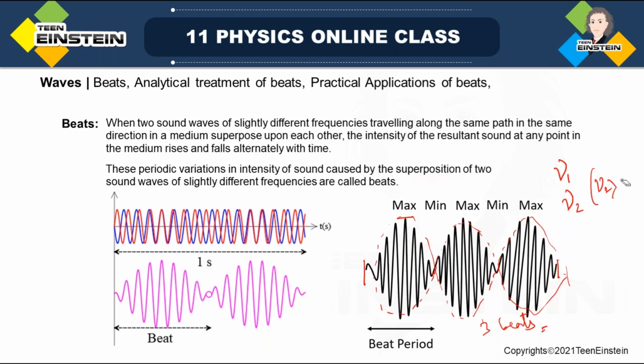Then the number of beats can be found by taking the difference between the frequencies of the sound waves producing the beats, nu2 minus nu1.